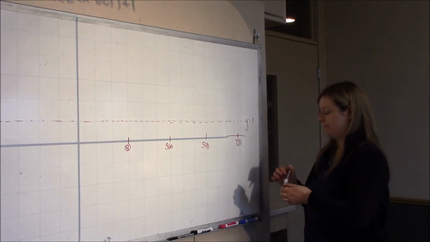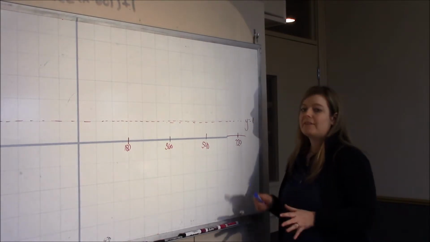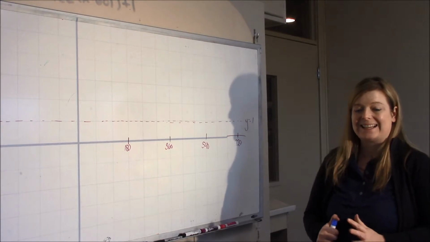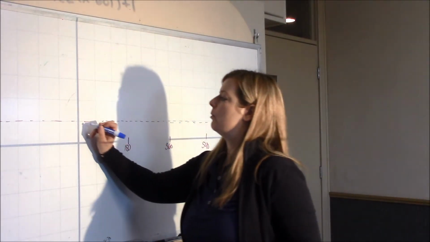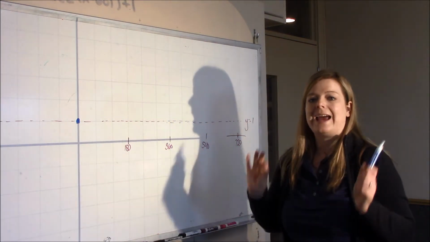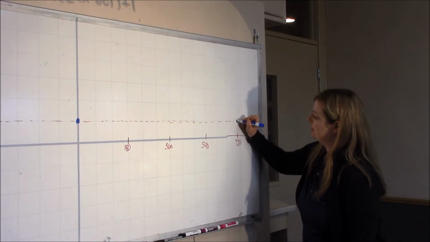Okay, so now I am graphing a sinusoidal function. So a sinusoidal function starts on its axis. So now the axis is here at 1. So I start on my axis, okay? Not on the x-axis, but on the axis of the function. I also end on the axis of the function.